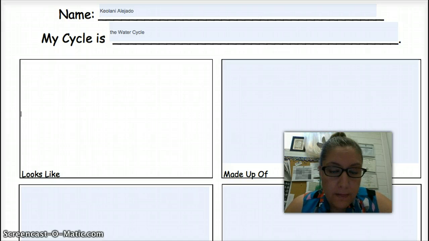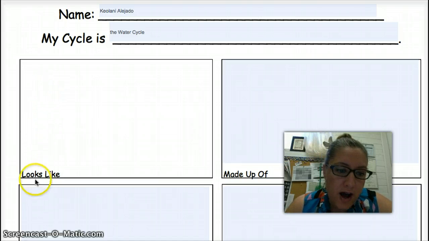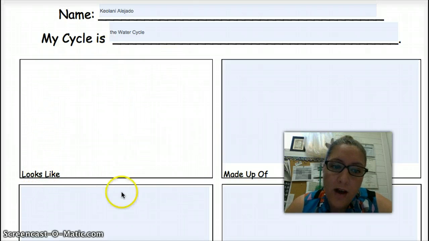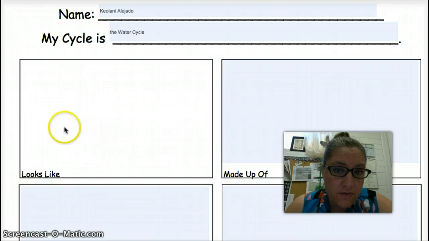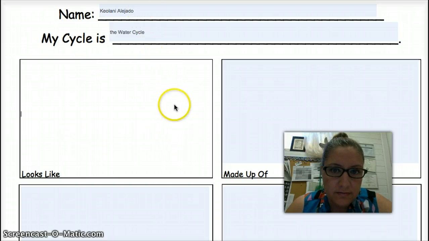Now remember, eventually, you're going to have to do a very detailed job on this because these will be the pictures you use for your ebook. So in this box, you're going to draw a picture and words of what your water cycle looks like. You should have the 4 steps of the water cycle as shown in the example Auntie Danette has.